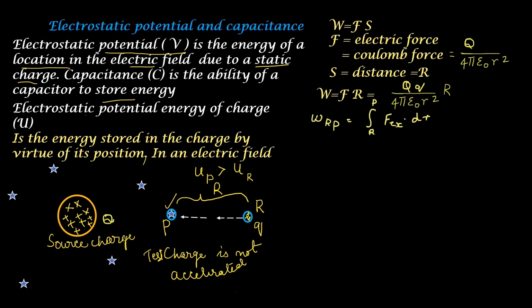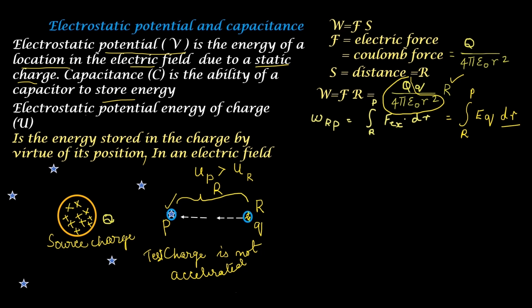Capital Q by 4 pi epsilon naught R square is the electric field E due to the source charge. This can be written as integrating from R to P EQ dr. Integrating dr will be equal to capital R, that is the distance.